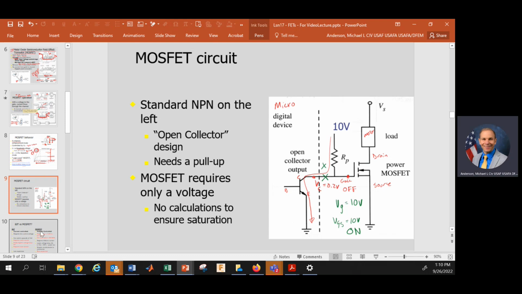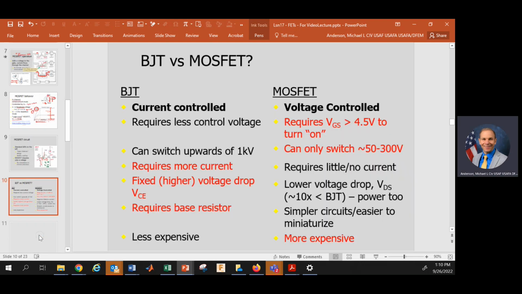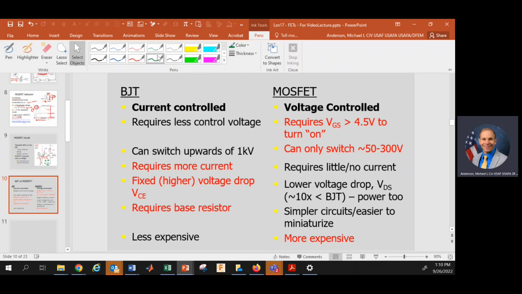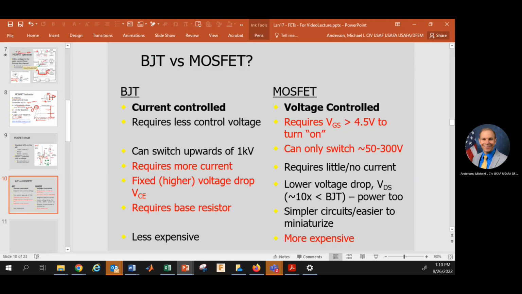All right, so finally, to sum up here, let's talk about pros and cons between a BJT and a MOSFET. So again, bipolar junction transistor, metal oxide semiconductor field effect transistor. As I mentioned at the start, a BJT is a current controlled device and a MOSFET is a voltage controlled device. That right there might dictate which one you pick for a given design challenge.